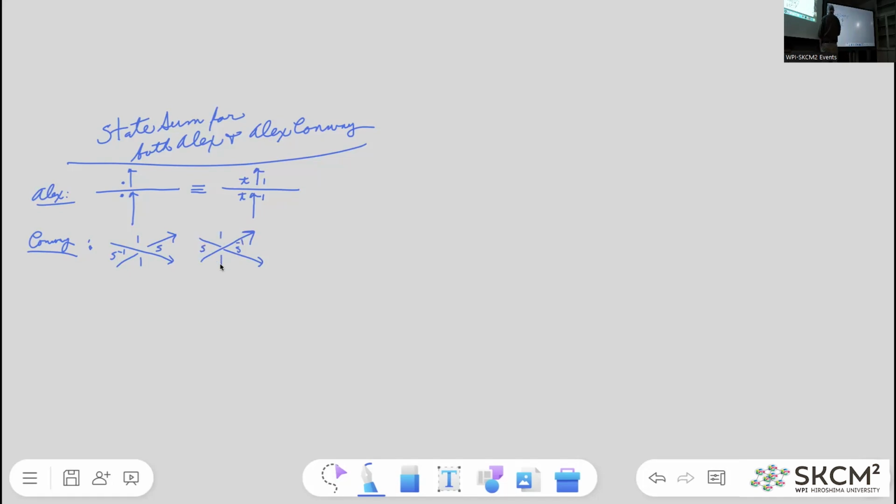And then the way this works is you have a diagram. Say you have the trefoil model. Here's a diagram, and inherent in the diagram are the states, right?